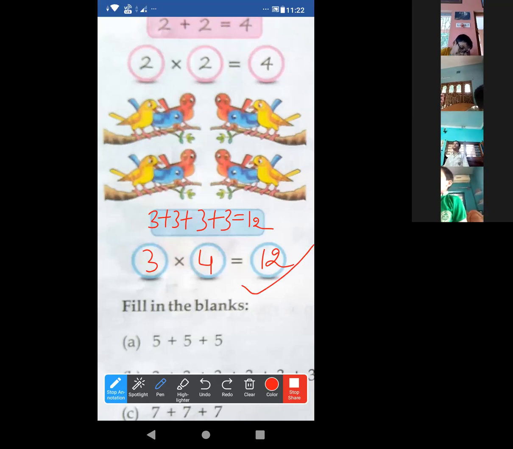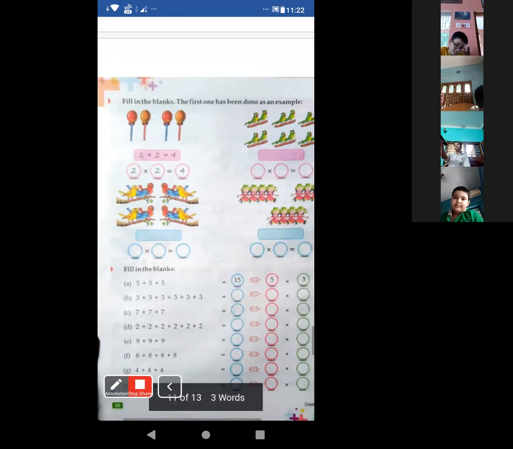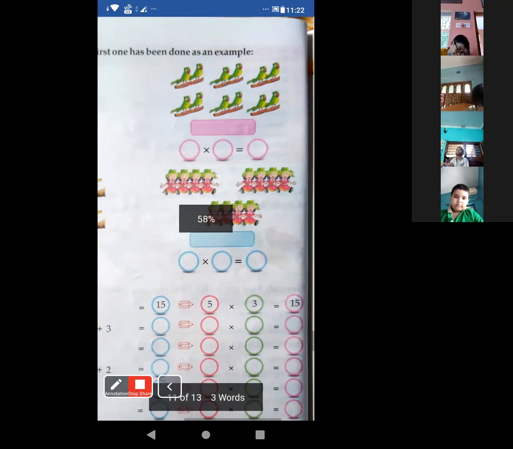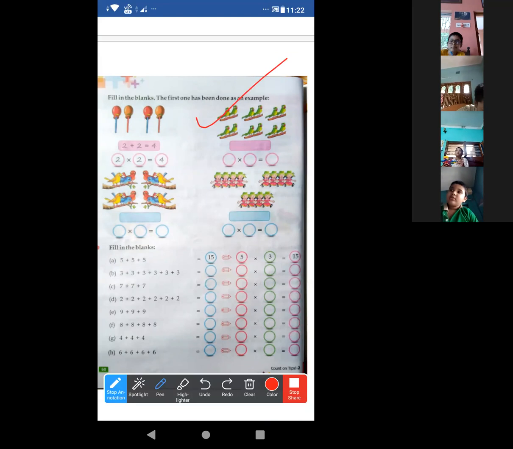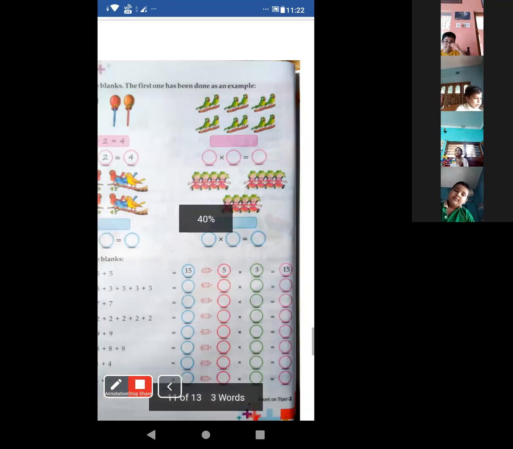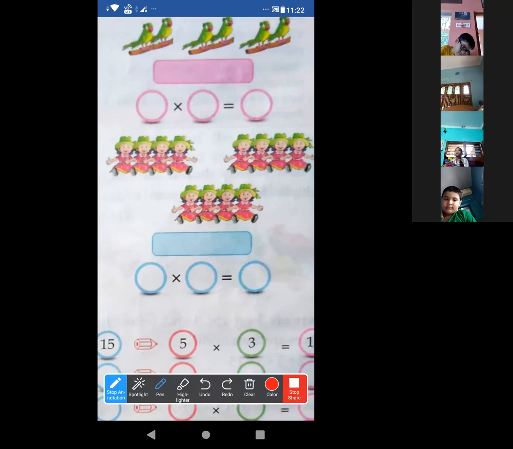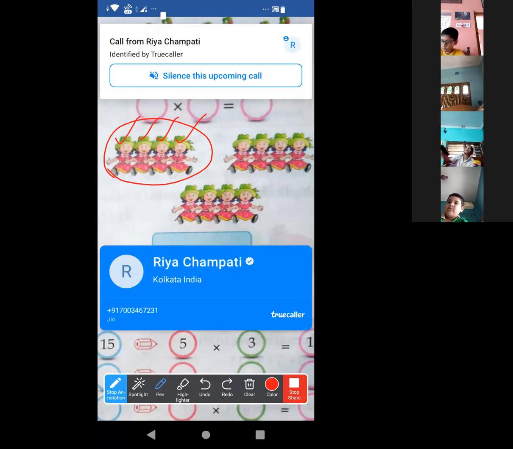Now I am moving to the next one. This one was already done yesterday. The first one already done. For the second one, this one. How many dolls are there? 1, 2, 3, 4. Only in one, first count.